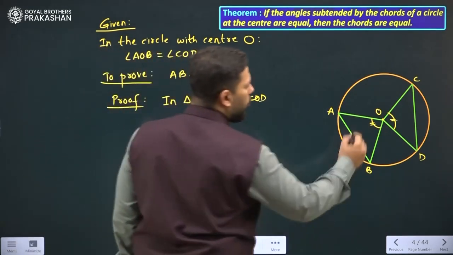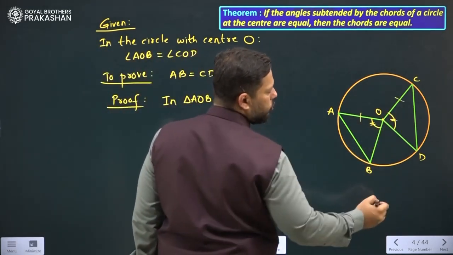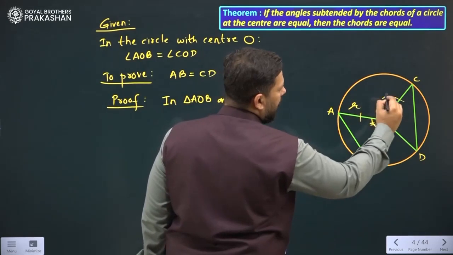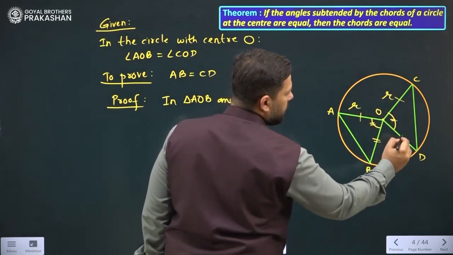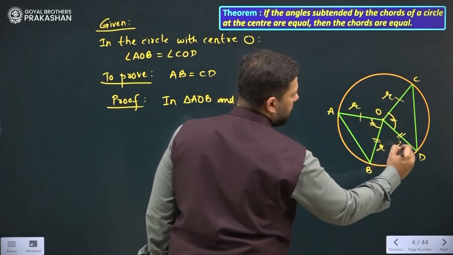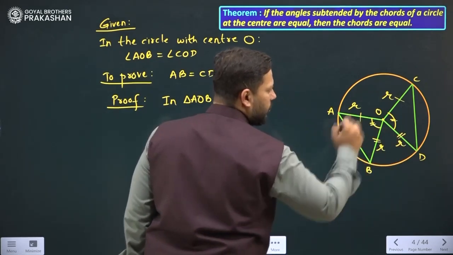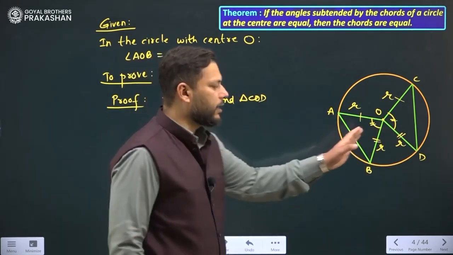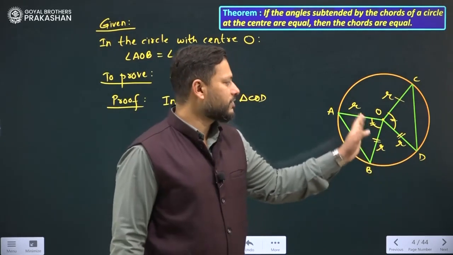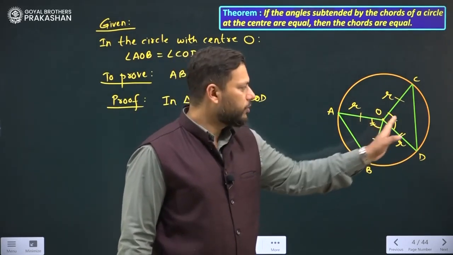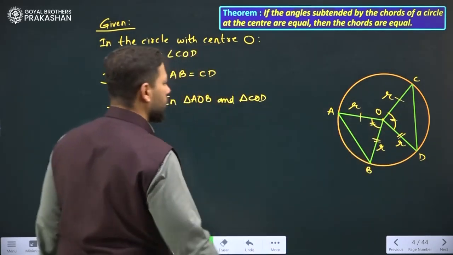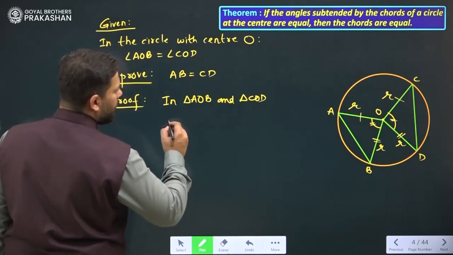I see that OA is definitely equal to OC as they both are the radii. This OB is equal to OD as these two are also radii, and these two angles are equal already. So we can use one relation of side angle side to prove these two triangles to be congruent to each other. So let us do that quickly.